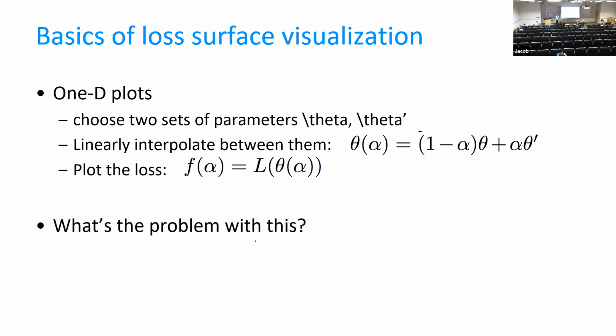Good to clarify that. This is the same thing we saw when we interpolated in latent space to visualize transitions in our generative models. We would take one z vector and another z vector, interpolate between them, and plot the generated output image for each. Same idea: we're interpolating between two parameter values and plotting the loss at each parameter value.